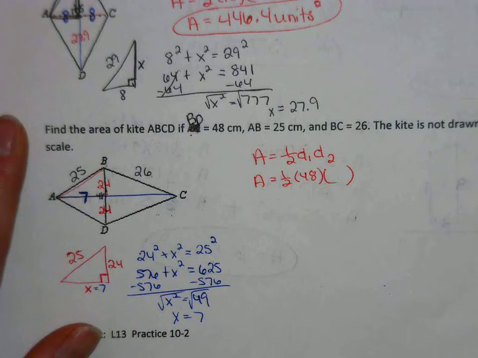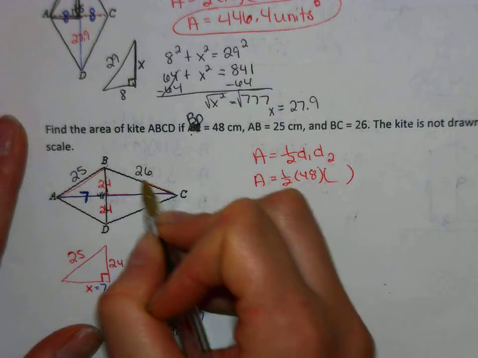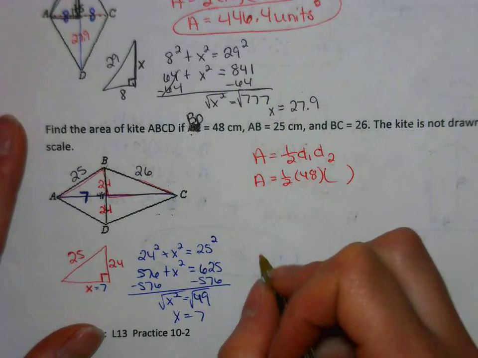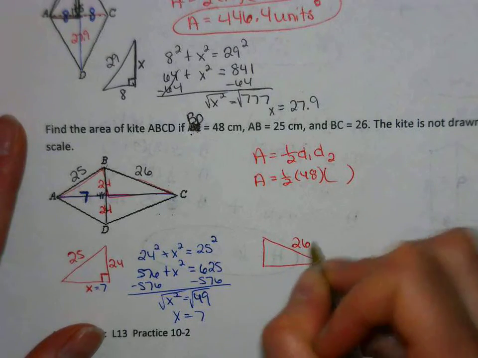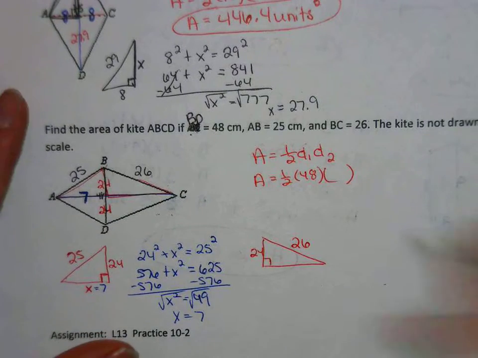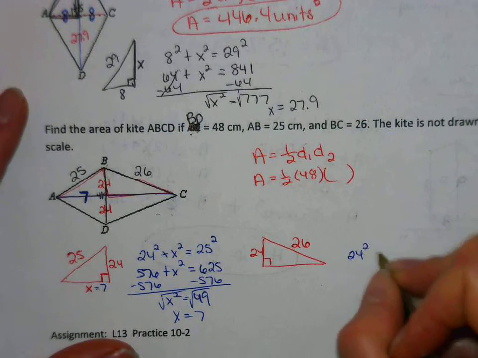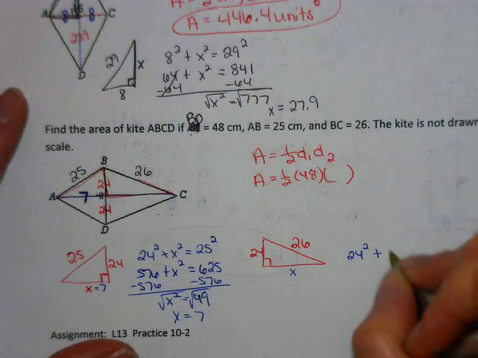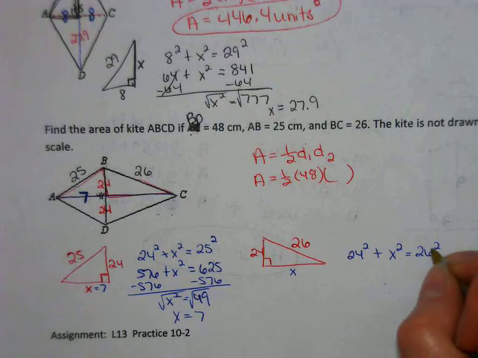Now we can pull out the other triangle. So now we have this triangle on this side. If I rewrite that, this is 26, this part's 24, and our 90 degrees is in here. Once again, we take our legs and square them: 24 squared, and this is our missing one, and it equals our hypotenuse squared.